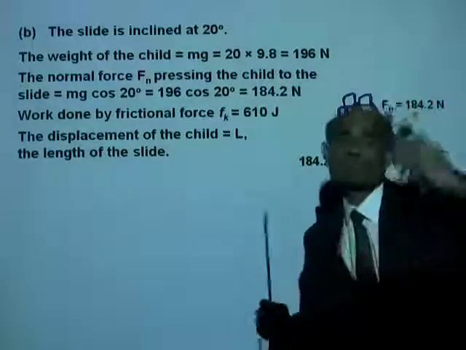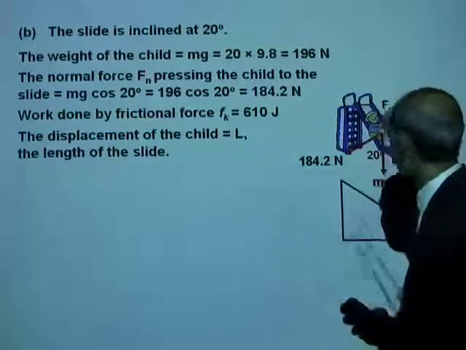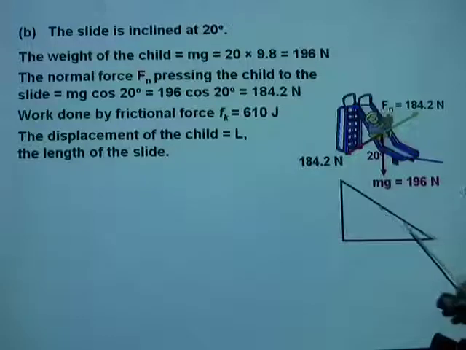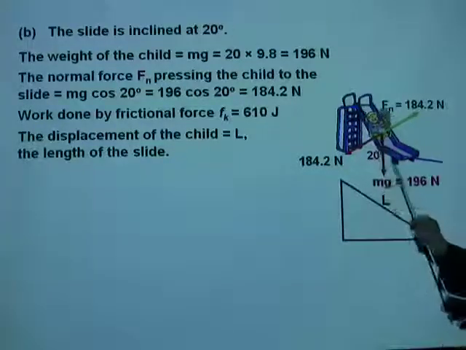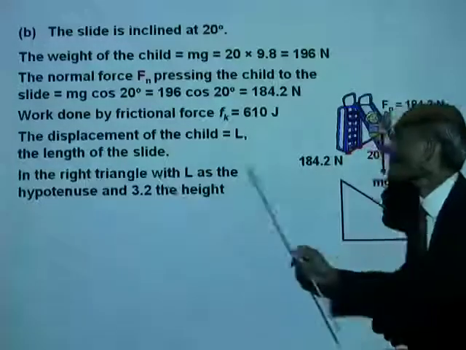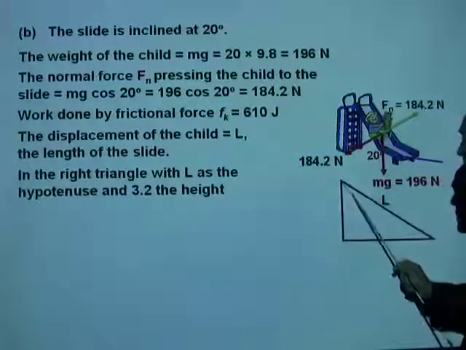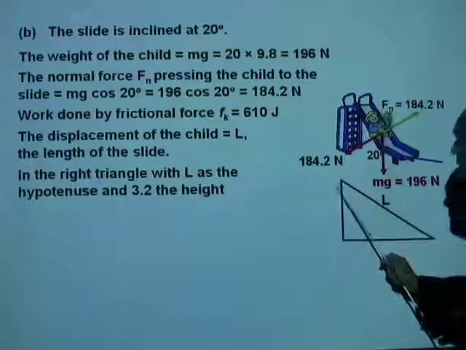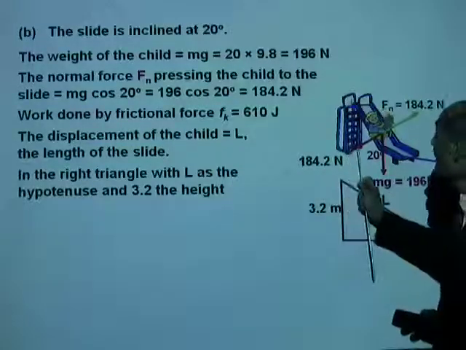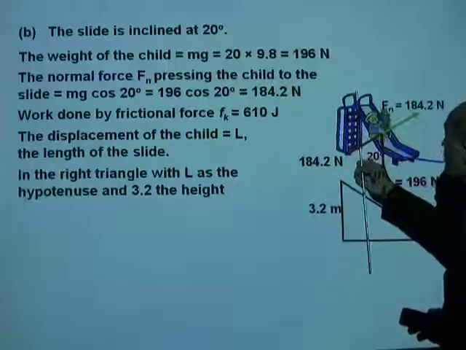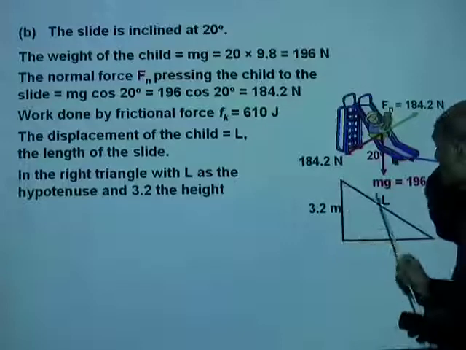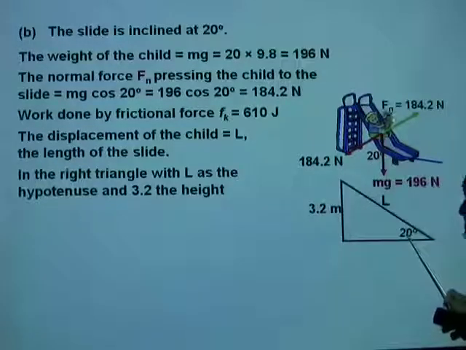The frictional force is acting along the slide, and the displacement L is in the opposite direction. So if I draw this triangle, the hypotenuse is the length of the slide. In the right triangle, L is the hypotenuse and 3.2 meter is the height of the slide, and the angle is 20 degrees.